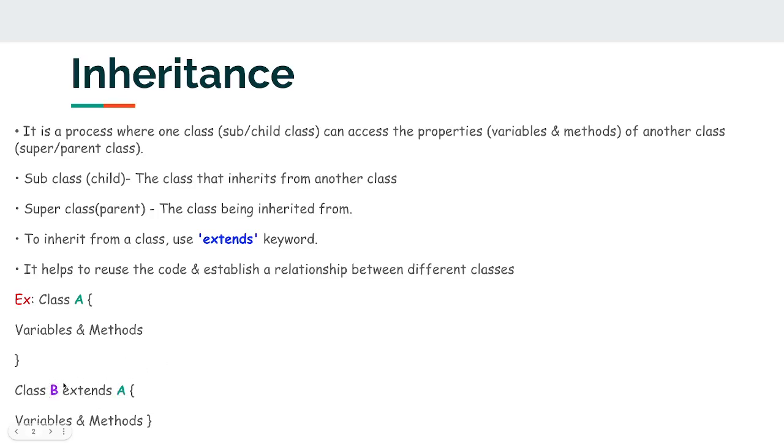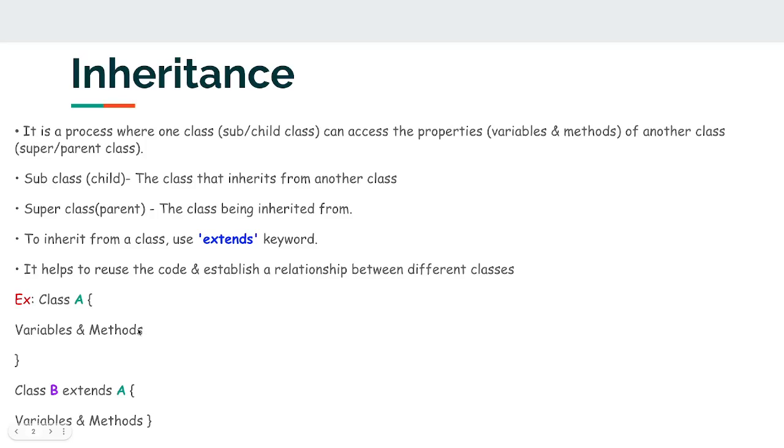So B now has accessibility to class A. Class B may have its own variables and methods, that's fine. On top of that, class B can access any properties, like any variables and methods, from class A, because class B is the child of class A.